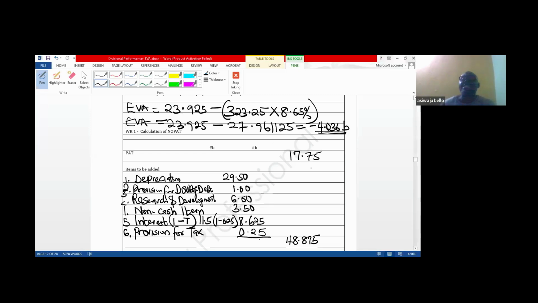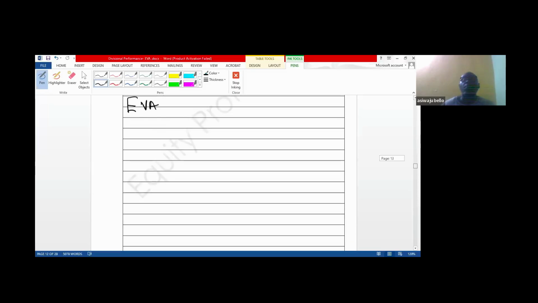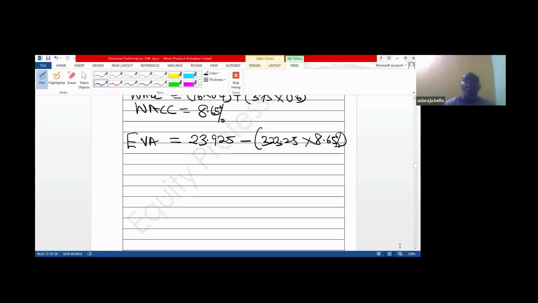Once you have a negative EVA: 23.925 minus bracket 323.25 multiplied by 8.65%. The EVA will give us negative 4.036 billion.